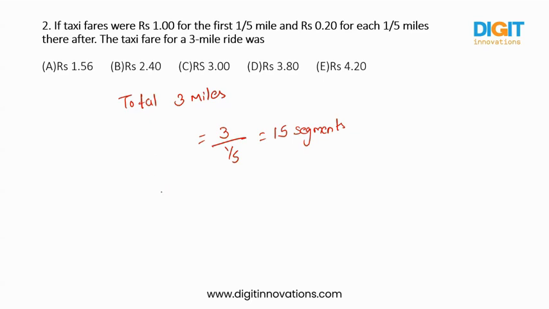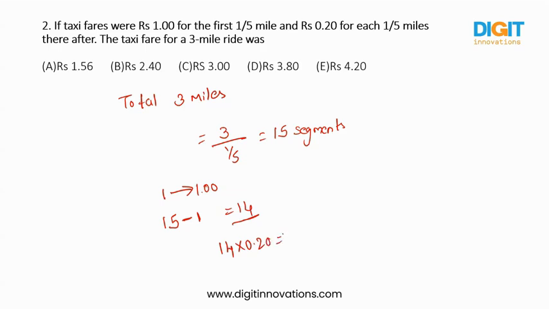For the first 1/5 mile, it would cost 1 rupee. The first one is completed. Then how many 1/5 miles remain? It would be 14. For these remaining 14, it would cost 0.20 each, so 14 into 0.20.